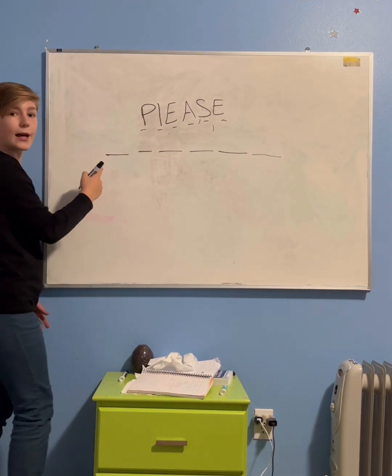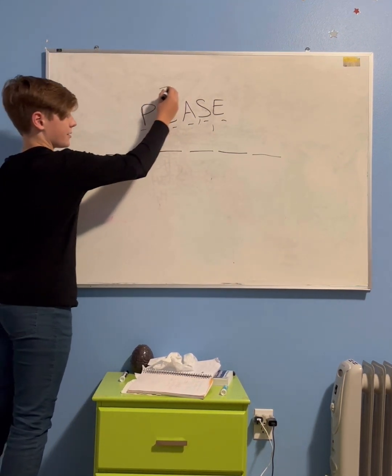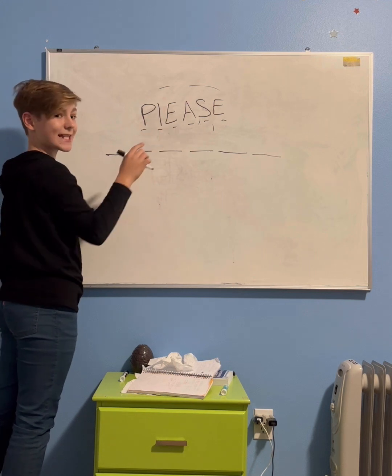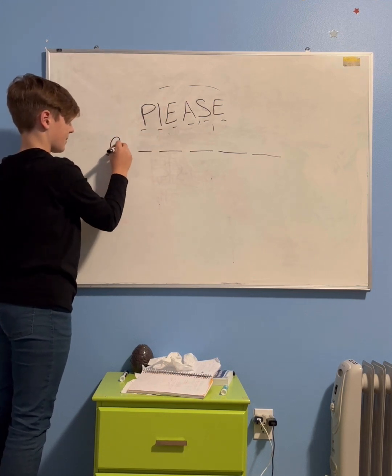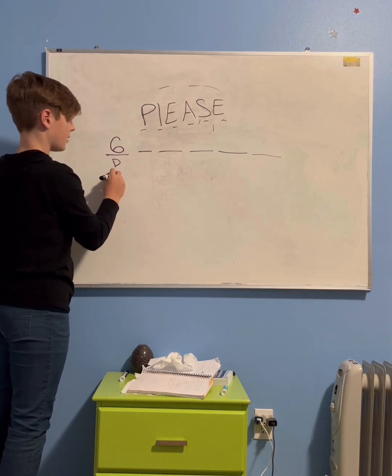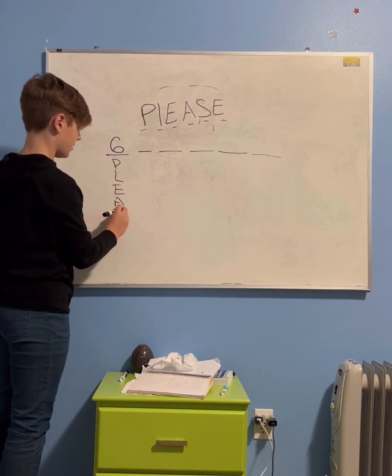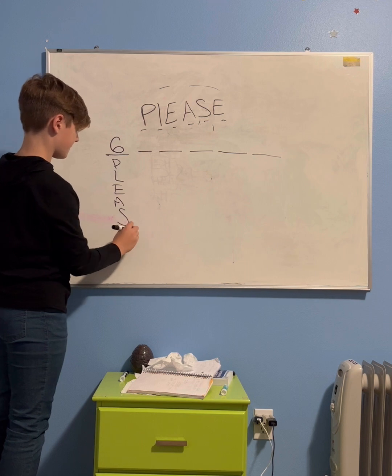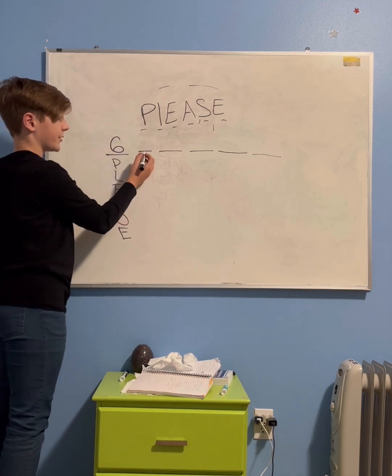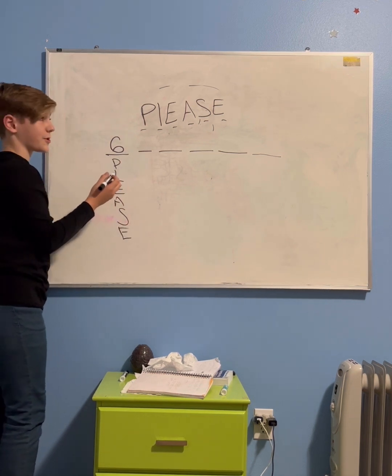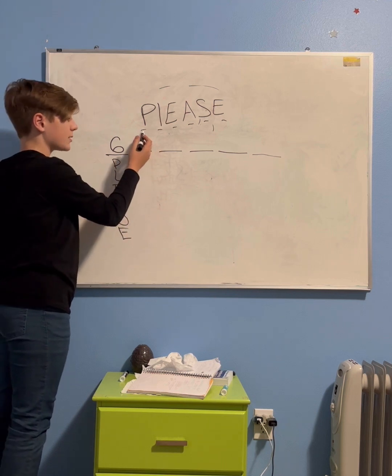This first underline can be any of the letters in "please." So it has 6 options because it can be a P, an L, an E, an A, an S, and an E. In this next underline, we're going to remove one of those options because we previously used it.